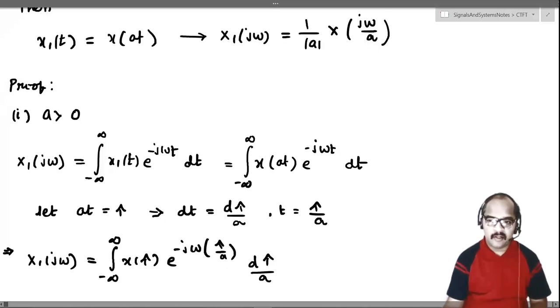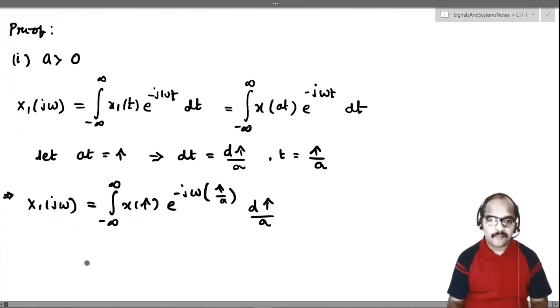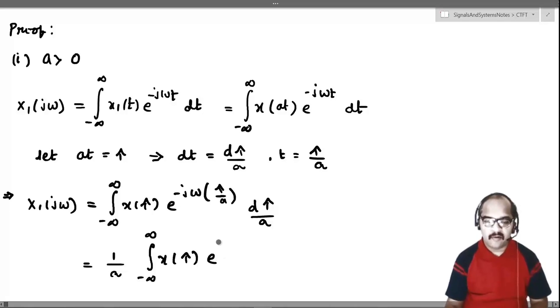If you write this in a nice way, I'll bring a outside because the integration is with respect to tau and a is a constant. So this should be 1 by a integral minus infinity to infinity x of tau, and I will rewrite this as e power minus j times omega by a tau multiplied with d tau.